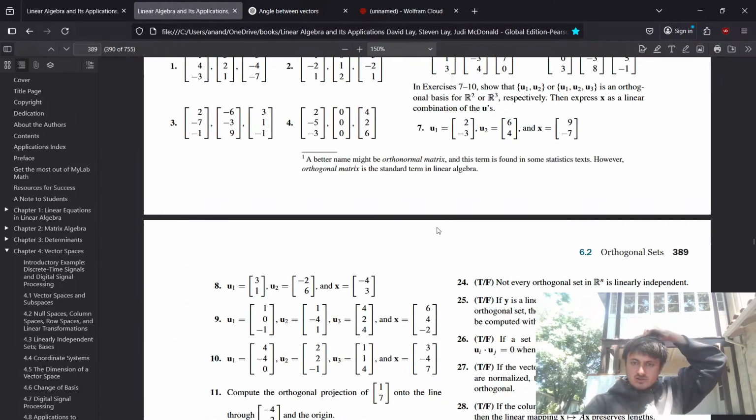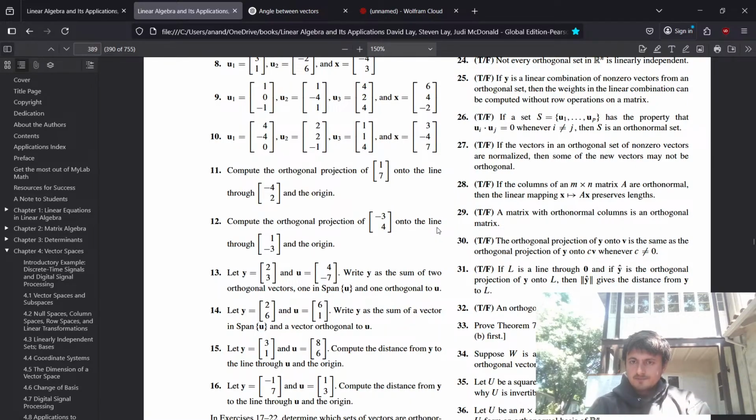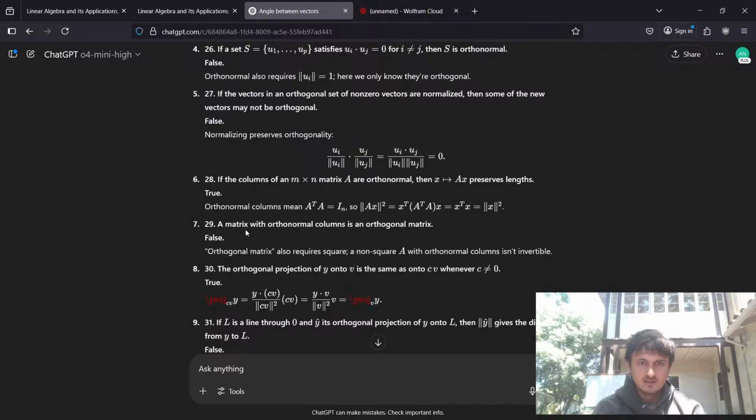But it has to be square, and so that's why 29 is false: orthonormal columns does not imply square. What did they say? They said it also requires square, a non-square A with orthonormal columns isn't invertible. Okay.